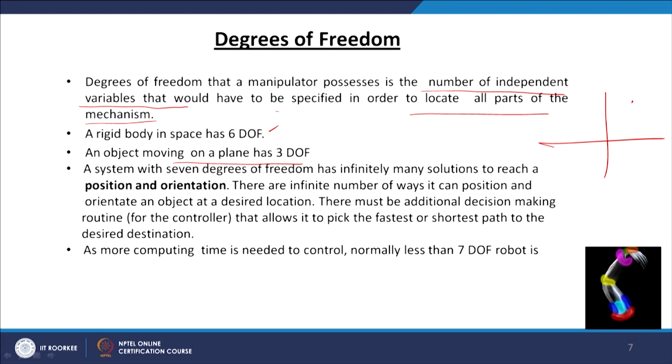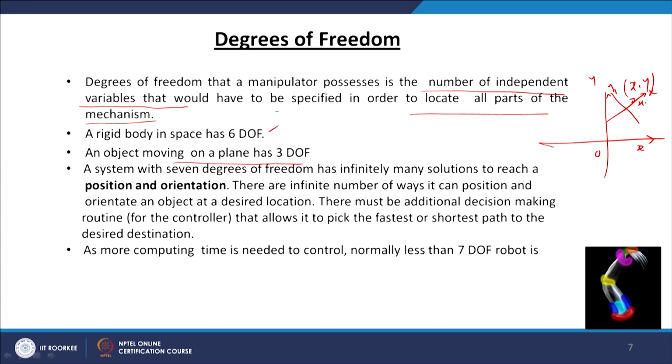plane, the position is represented by x, y, so 2 variables are required, and then the orientation of the object. If it is the x, y axis, and this is the x 1, y 1 axis, then x 1, y 1 represents the orientation of this object with respect to the x y coordinate frame.